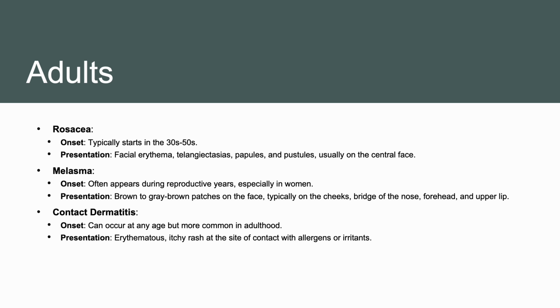And then contact dermatitis can occur at any age, but most common in adulthood, often from exposures at work, with erythematous, itchy, scaly plaques at the site of contact with allergens or irritants.